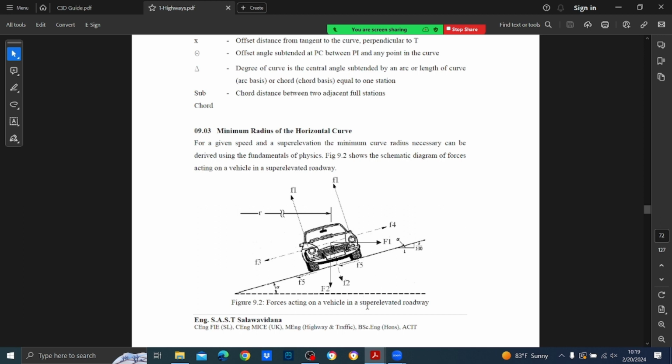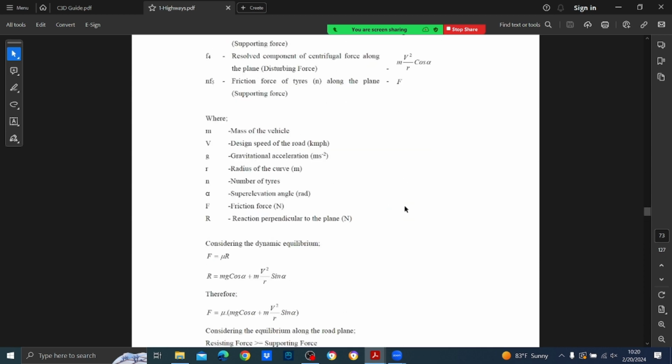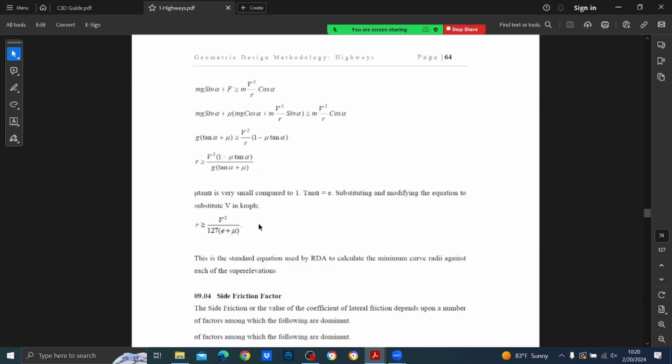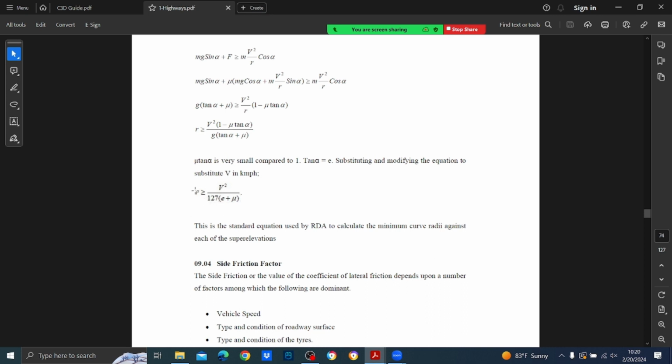By elevating the road surface, we assist the friction with a component of gravity to balance this centrifugal force. With that we have come up with an equation. We modify it to get the minimum radius. For a given design speed, a given super elevation, and a given friction factor, there should be a minimum radius.